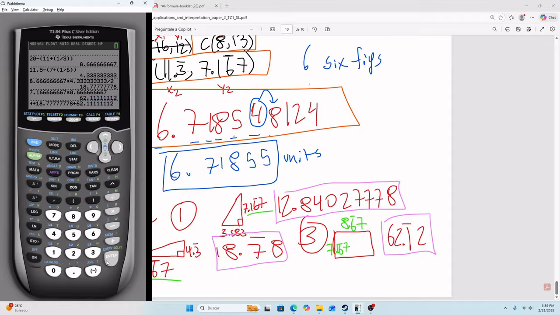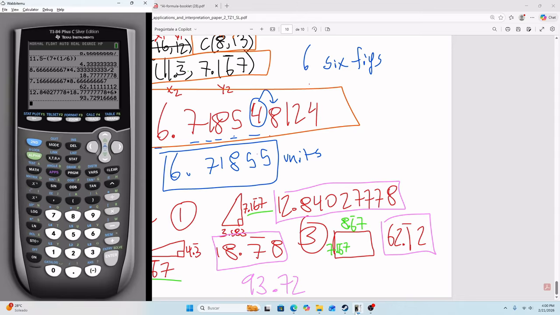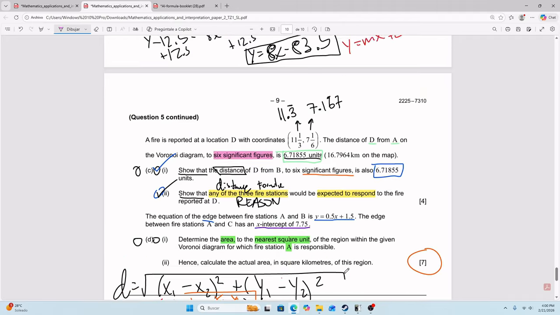So you're doing the first triangle plus the second triangle plus the square, gives you 93.7291668. So again, not nice numbers, but trust the process.